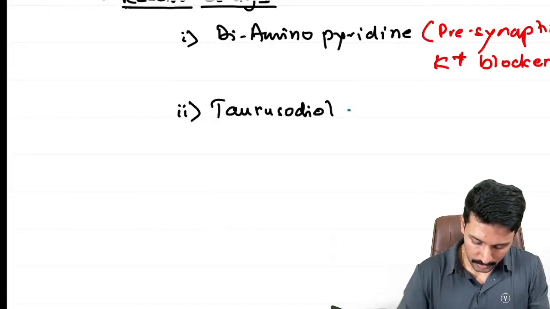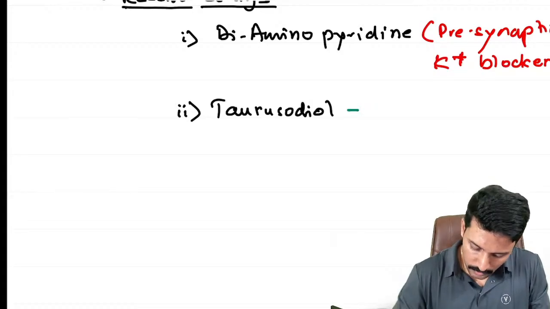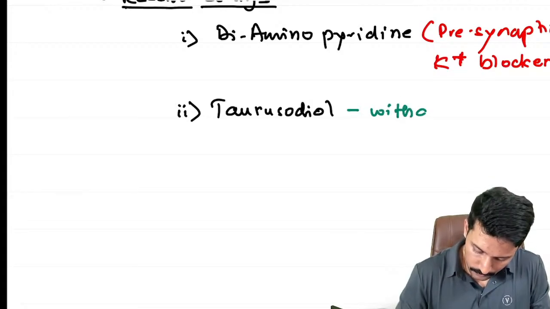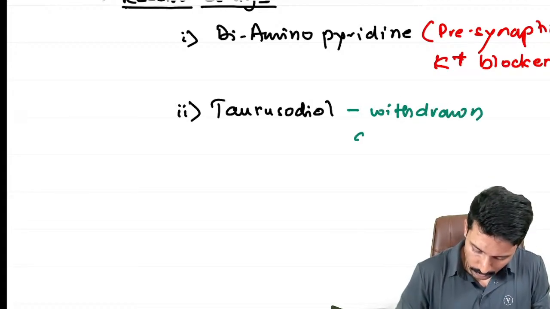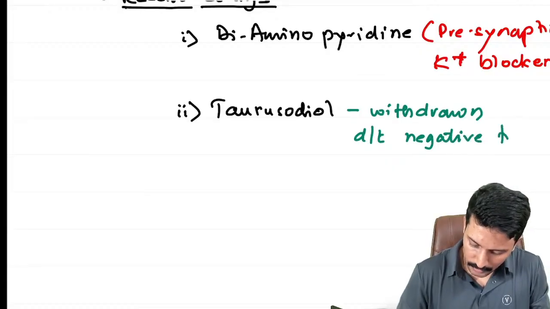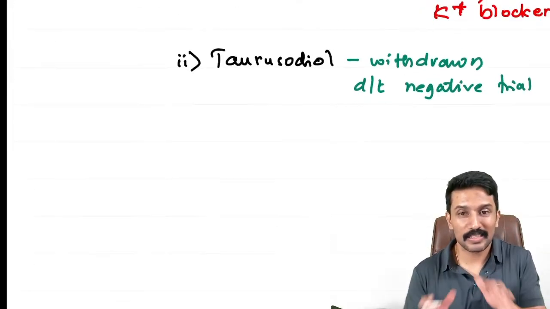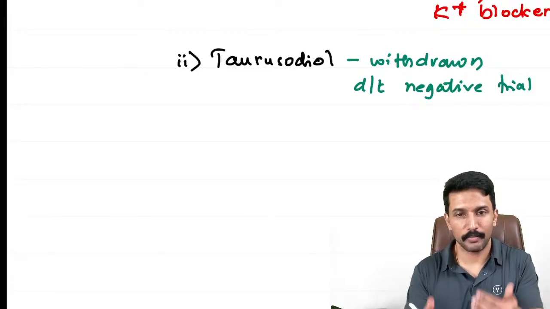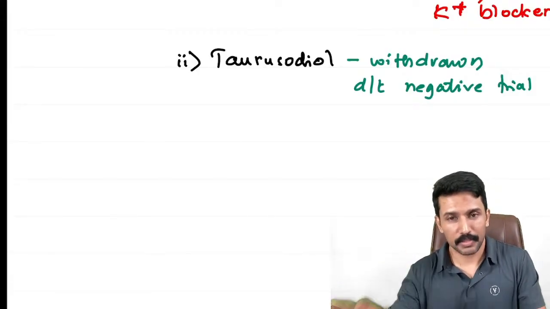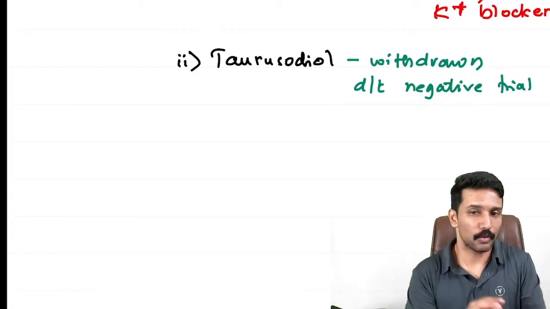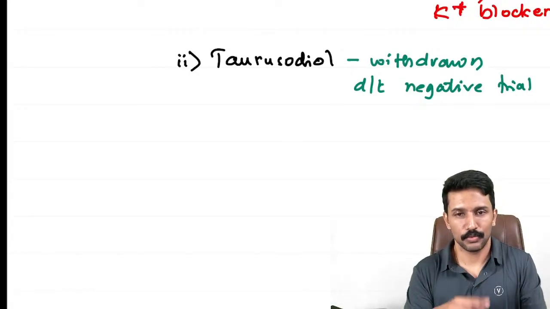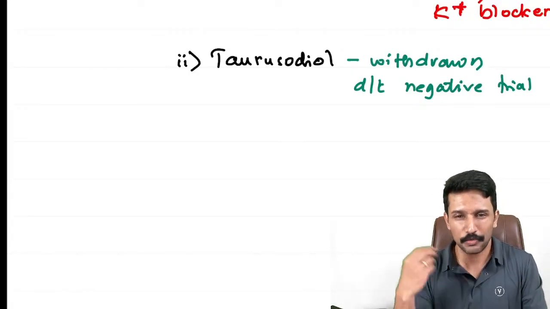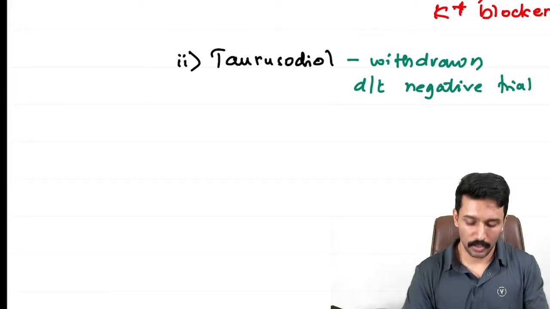So a question may be asked, withdrawn due to negative trial. What do I mean by that? It was initially approved because theoretically it is supposed to help, but once it is approved and marketed, in whichever patient it was used, it did not show any symptomatic improvement. So the post-marketing trials failed to show the improvement. That's why it has been withdrawn.